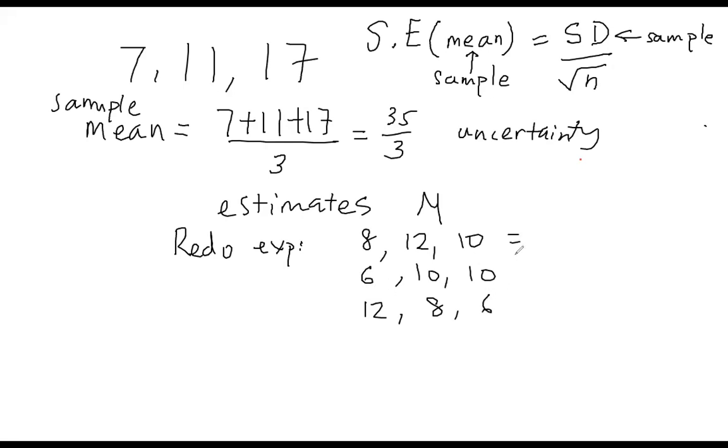So every time you redo this, you get a different value. The sample mean will be 30/3, 26/3, 26/3, and so on. So it will fluctuate.